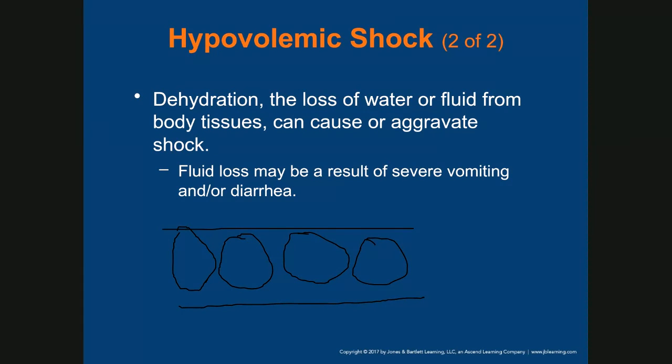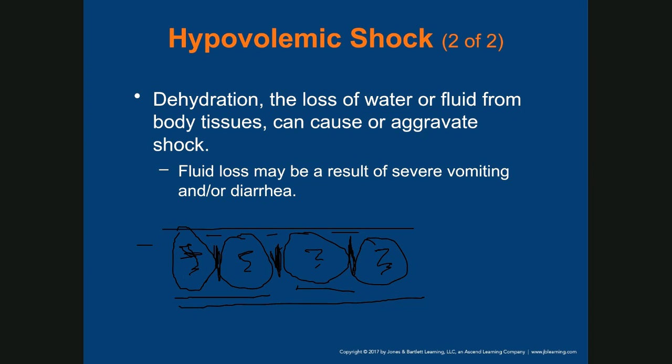You have fluid in the blood vessels, and this is called intravascular fluid. We have fluid between the cells, and this is called interstitial fluid. And we have fluid inside the cell, and that is called intracellular fluid.